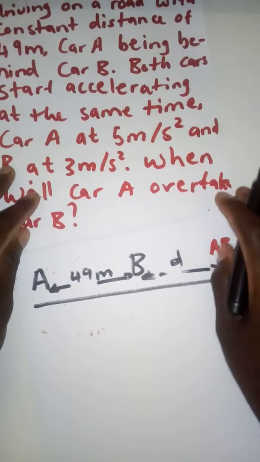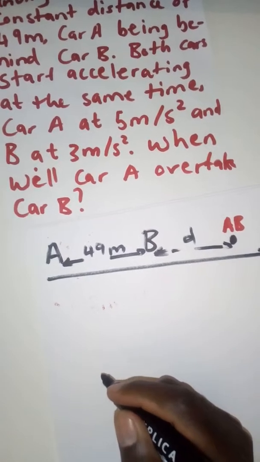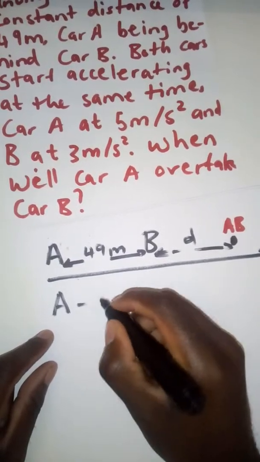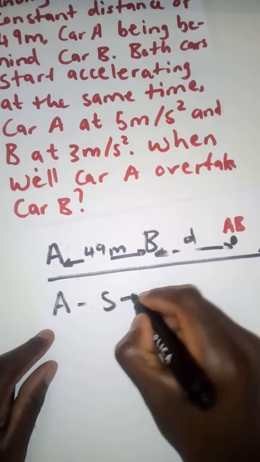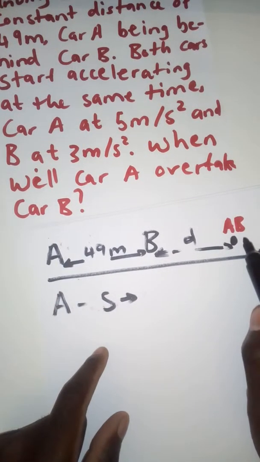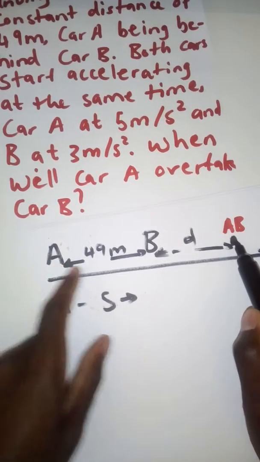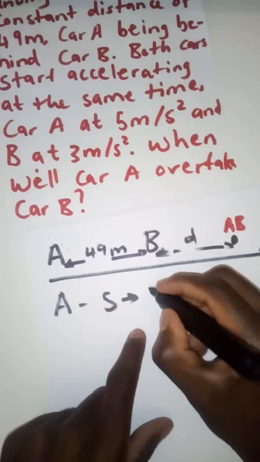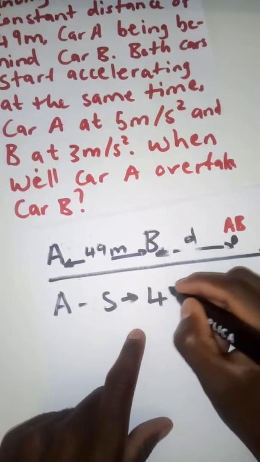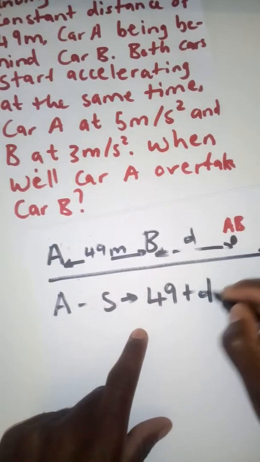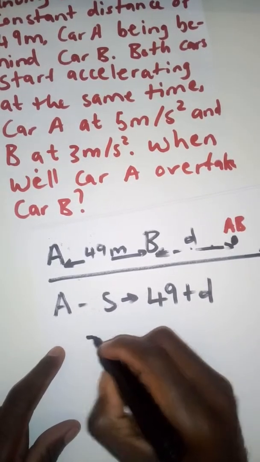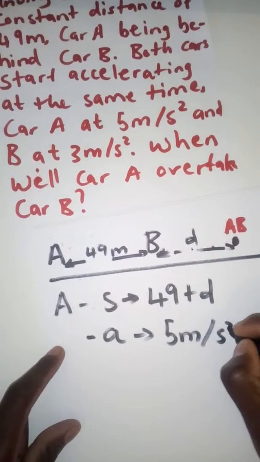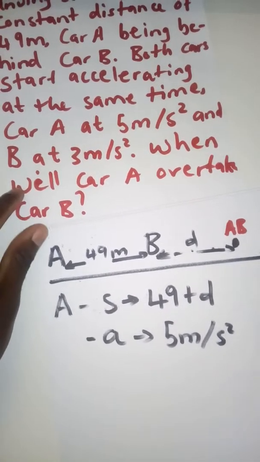Now let's check the information we're given from the problem for car A. Our displacement is the distance from AB to A, which is the distance for A. This distance is 49 meters plus D, and our acceleration is given as 5 meters per square second.